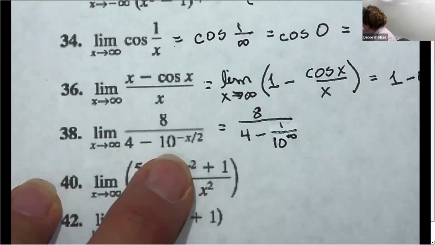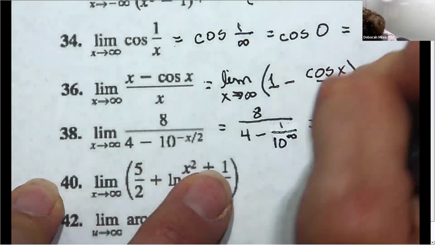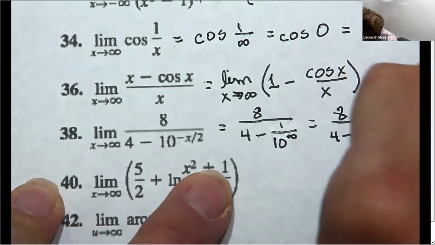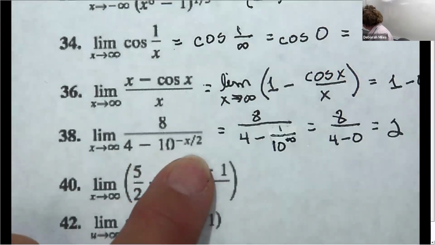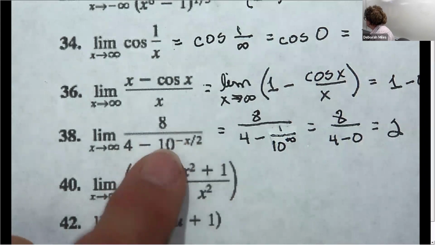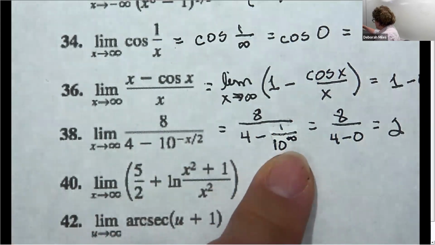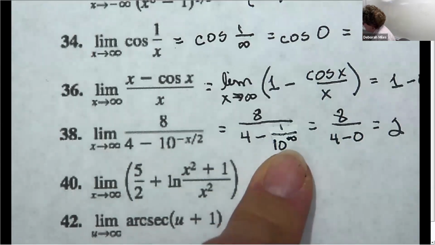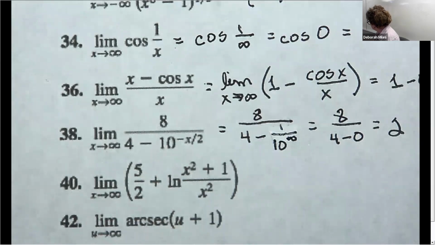Yeah, which is 0. Good. Anytime I have something with a negative exponent, I put that term in the denominator, and it helps me see that it's the denominator getting infinitely big, and 1 over infinity is 0.